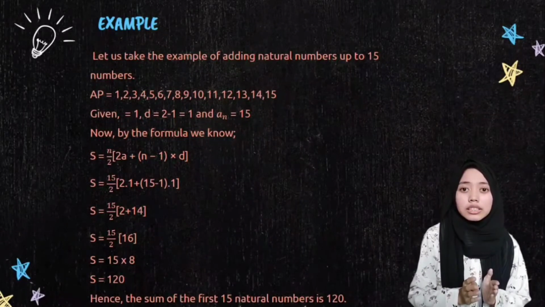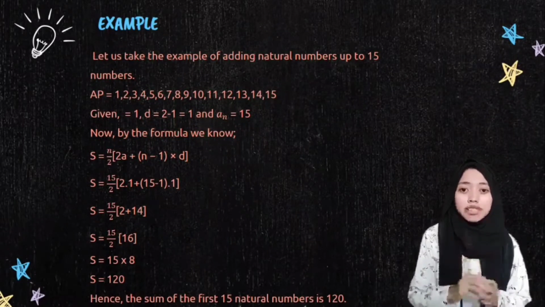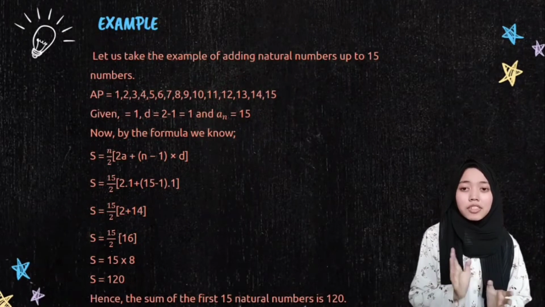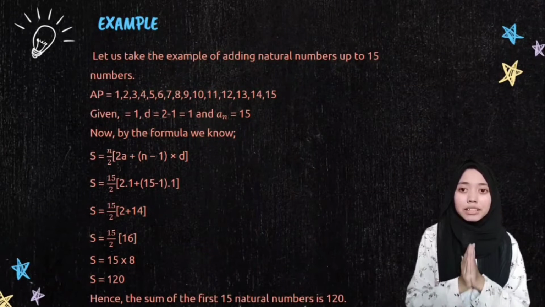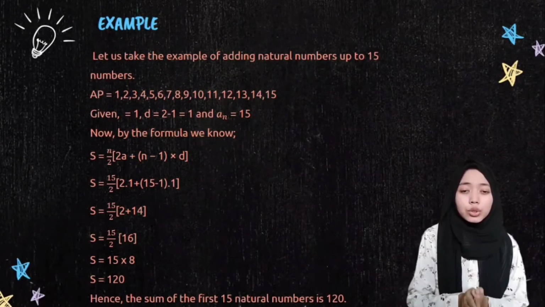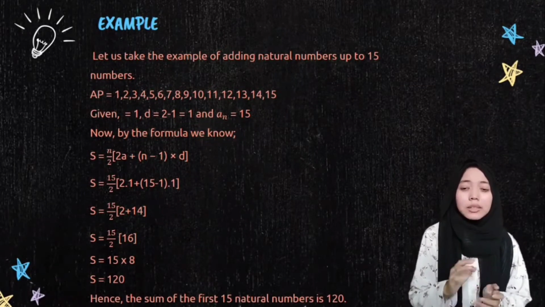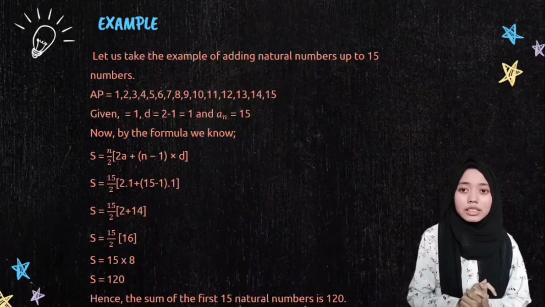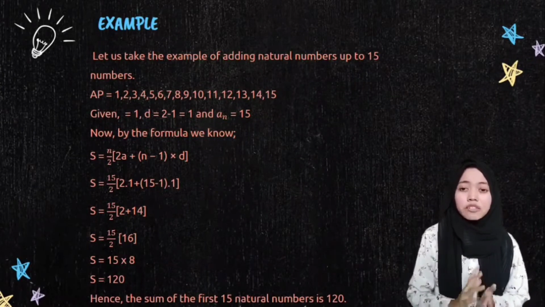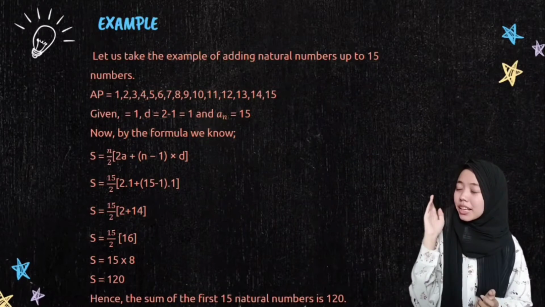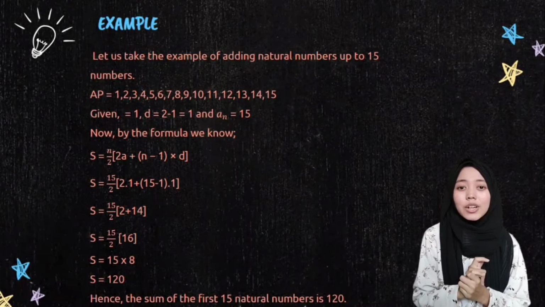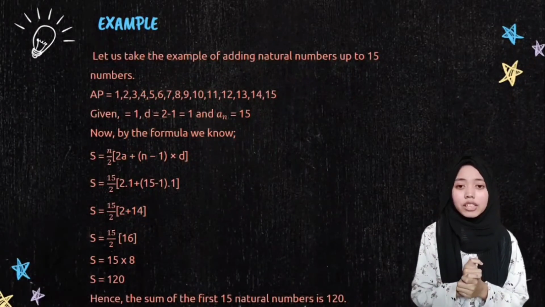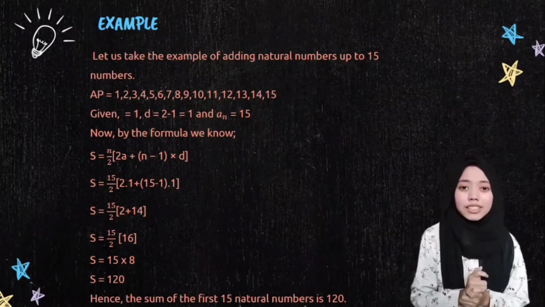We know all the variables, so it's just substitution into the formula. We get S15 is 15 divided by 2 times 2 times 1 plus 15 minus 1 times 1. From the calculation, we know that S15 is 120. So the sum of the first 15 natural numbers is 120.